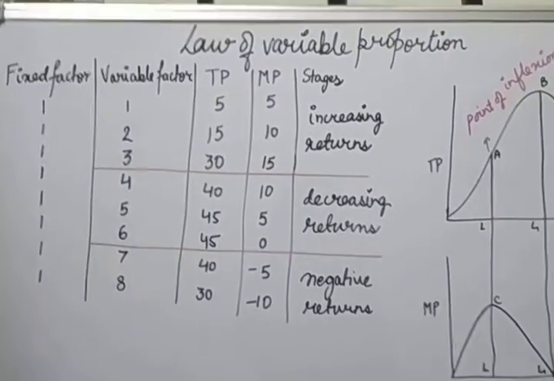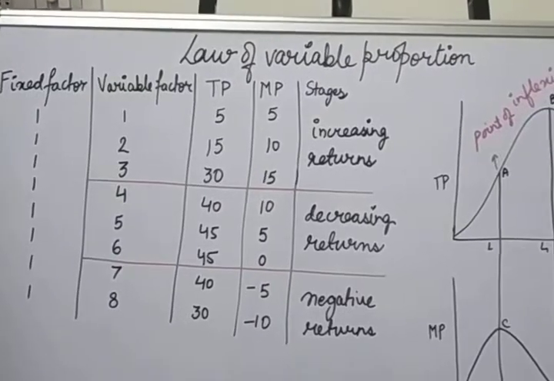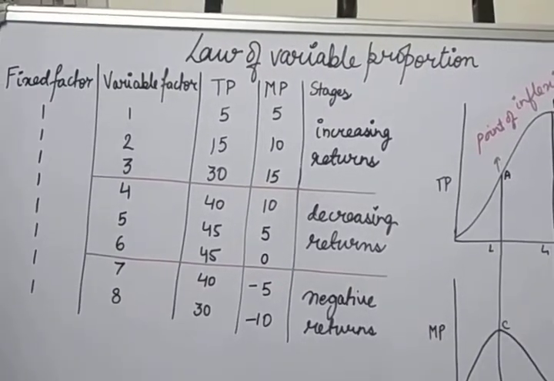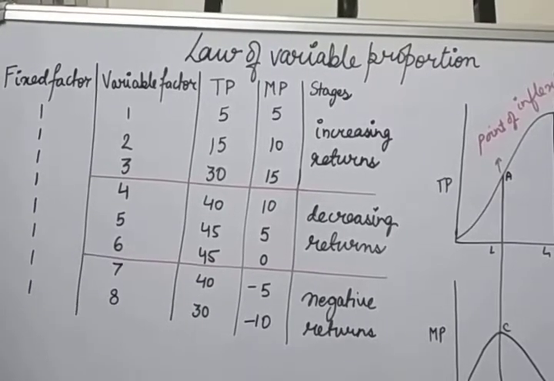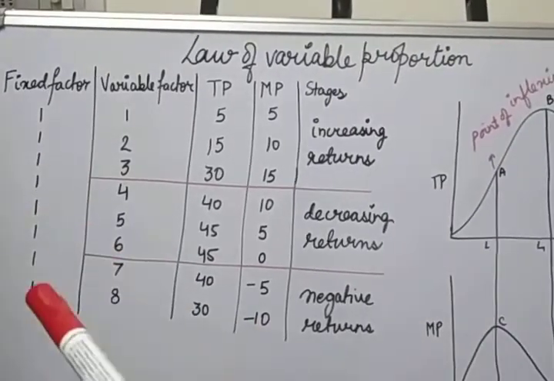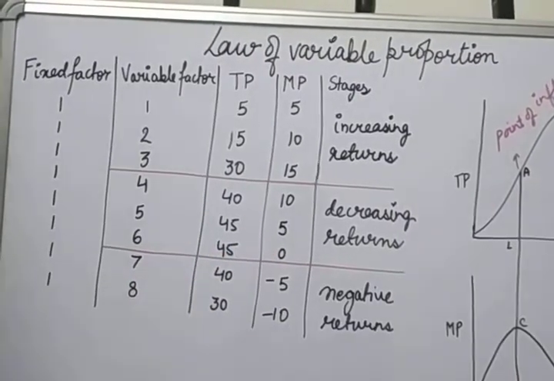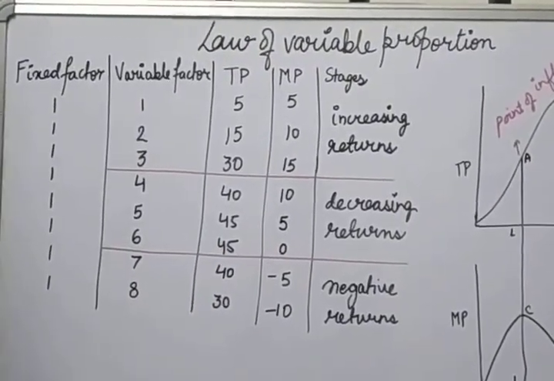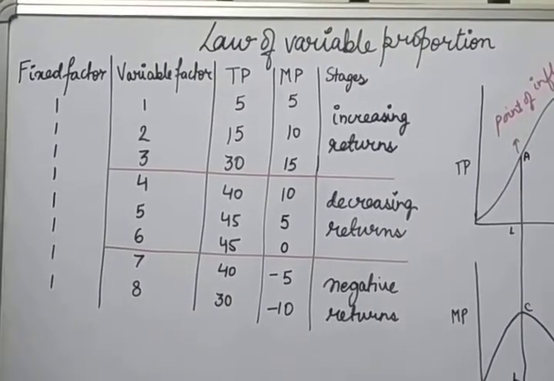Now, what are the assumptions of this law of variable proportion? First of all, the state of technology is given and remains constant. Second, one factor is constant and the other factor is variable. Third, all the units of the variable factor are identical, that means equally efficient.